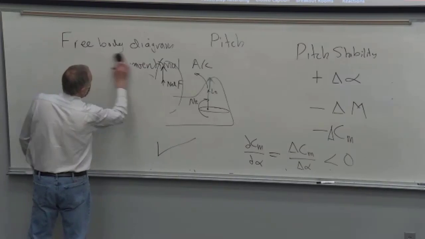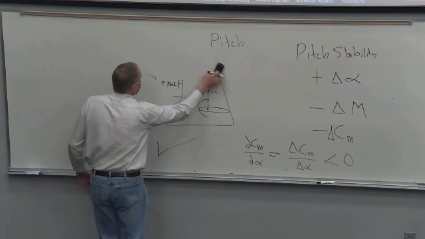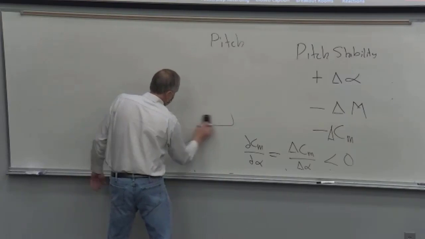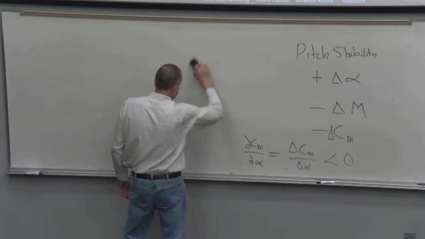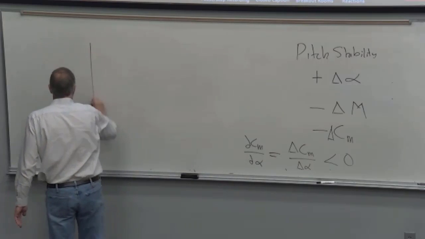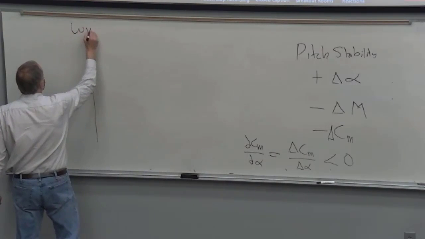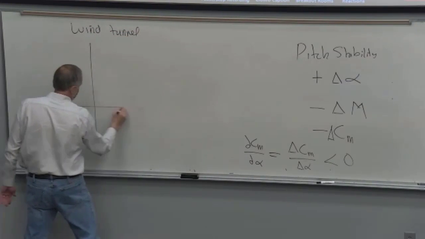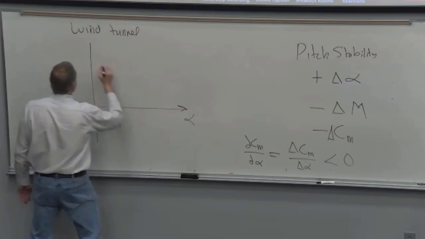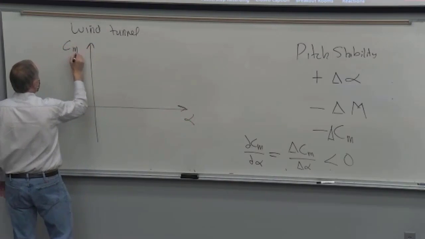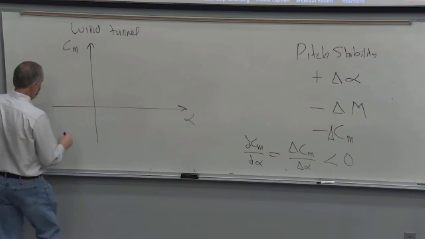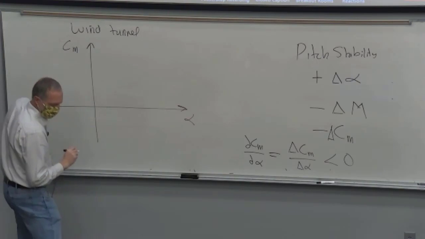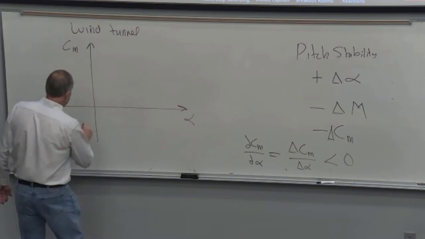So you take your airplane in the wind tunnel, and you get this plot that I'm going to draw. So in the wind tunnel, you do an alpha sweep, and we're going to do this in terms of coefficient, Cm, and you get a plot that looks like this.